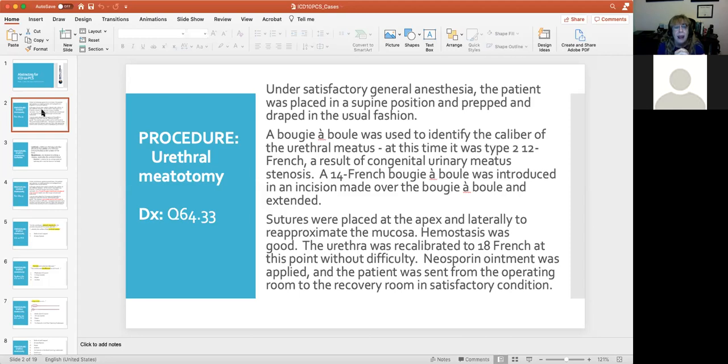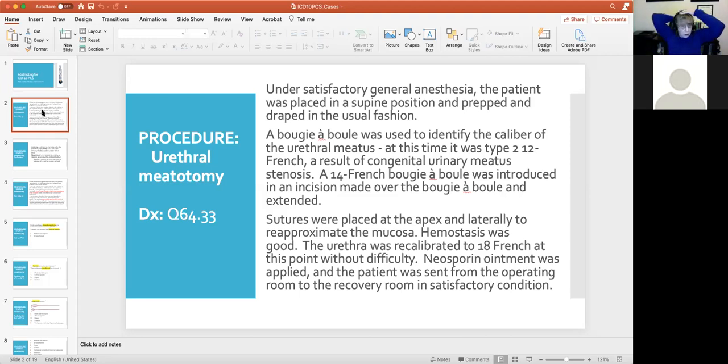Okay, and it's being done for the patient who has congenital urinary meatus stenosis. Okay, which all gives you clues as to how we are going to code this.